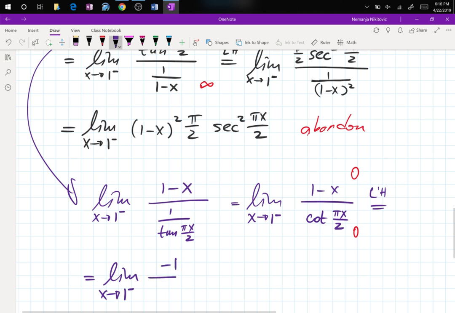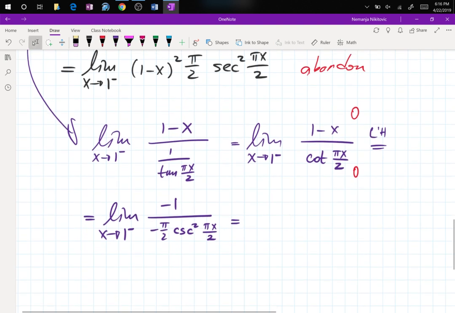We have negative 1 in the numerator, and the derivative of cotangent is very good. Negative pi over 2 cosecant squared of pi x over 2. All right. So now, how much is the cosecant?